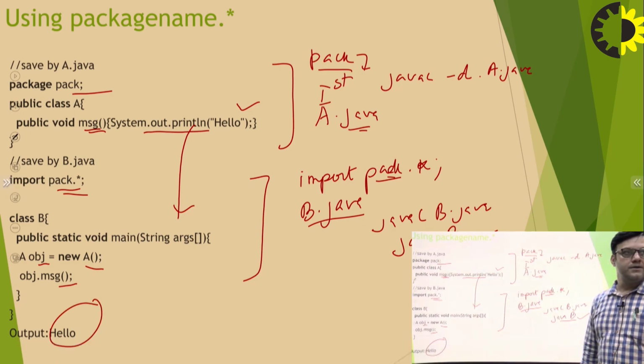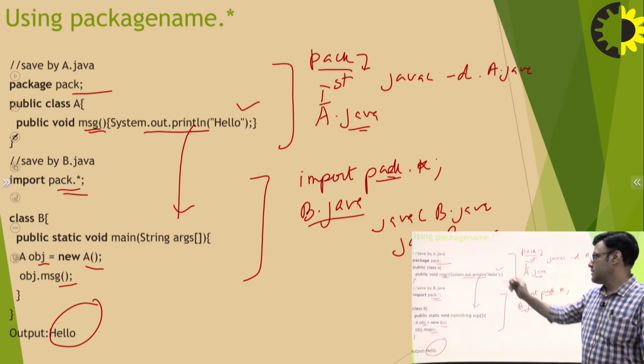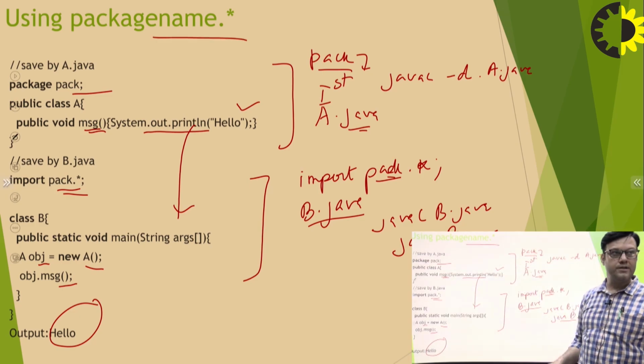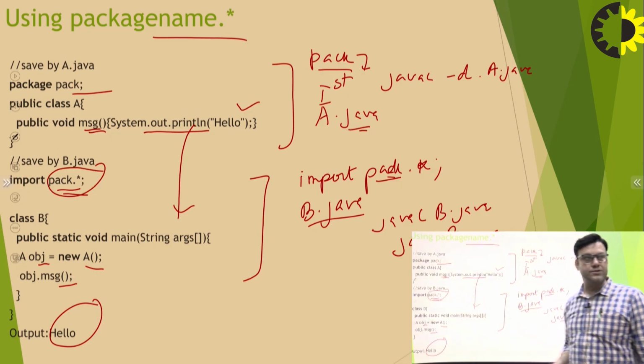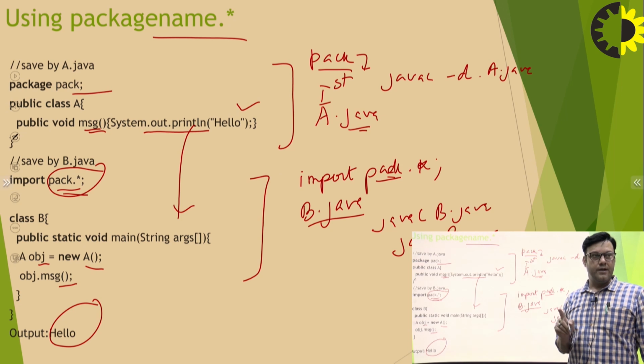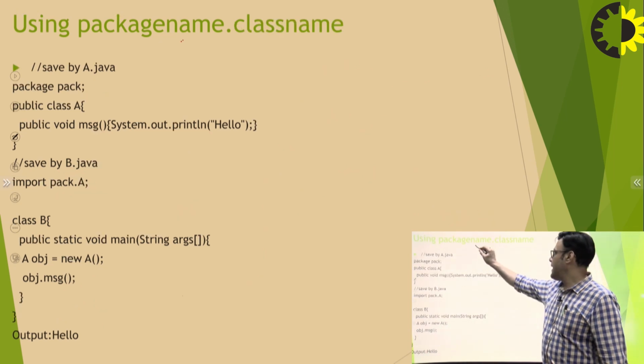Okay, so this is how we are going to use a package name. Our first way is pack dot star, number one. Number two, if I know the name of a class, then I can use it, okay? Package name dot class name.